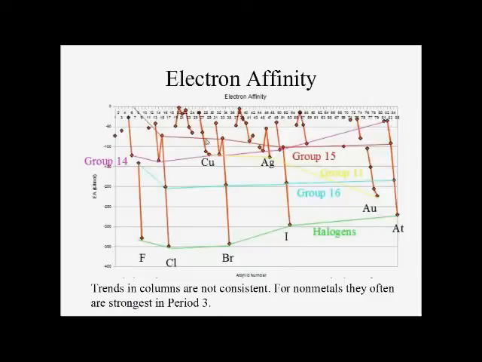We have a slow, gentle increase down the column mostly, but not consistently. It gets a little bit less stable at the bottom by bismuth. And group 14, the carbon group, becomes most stable at period 3, and then slowly becomes less stable.